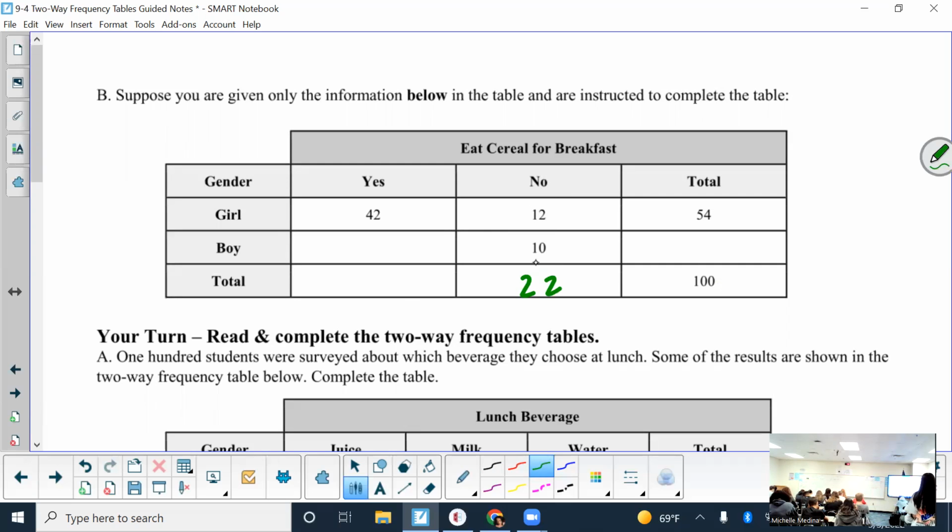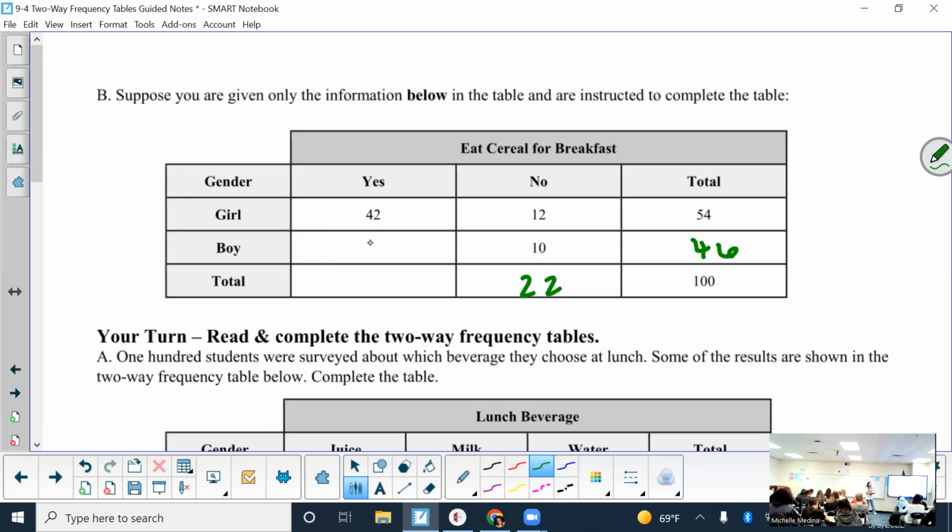Good. What else can I fill in? Which total? And what would go here? Good. Because 100 minus 54 is 46. What else can I fill in now?